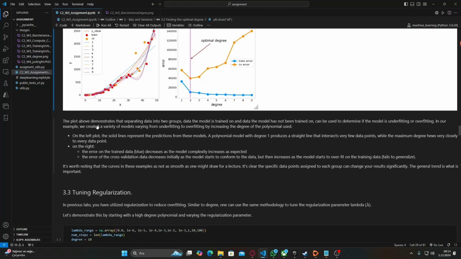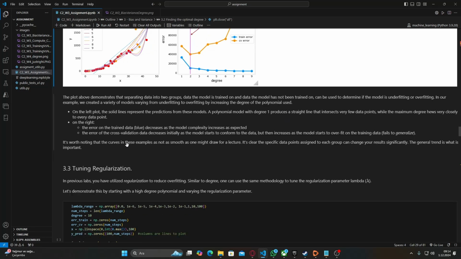The plot above demonstrates that separating data into two groups, the data the model trained on and the data the model has not been trained on, can be used to determine if the model is underfitting or overfitting. In our example, we create a variety of models, varying from underfitting to overfitting by increasing the degree of polynomial used.